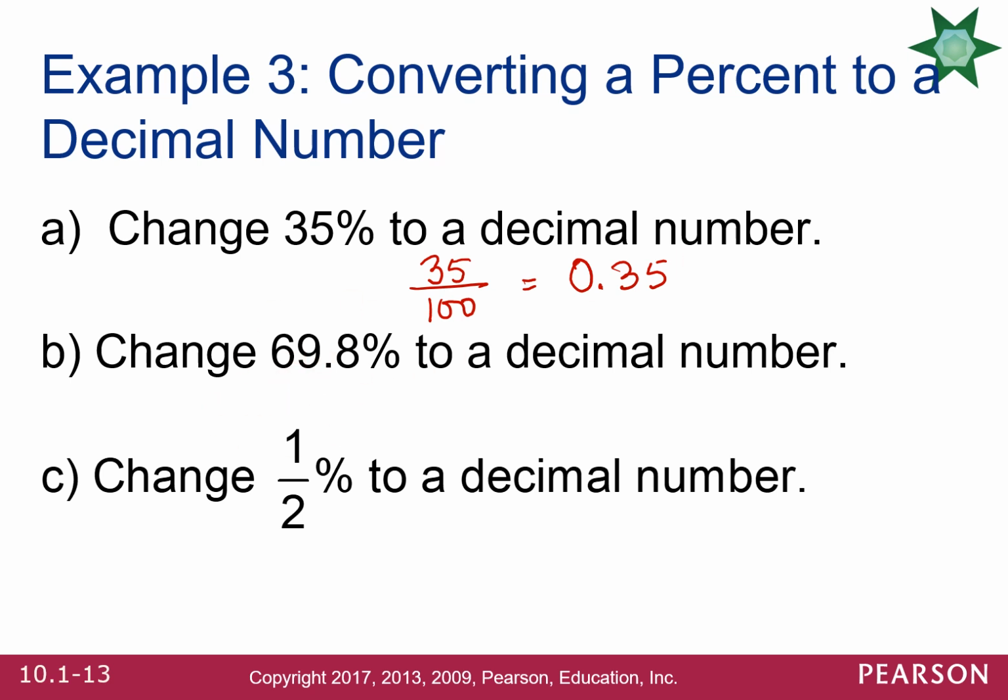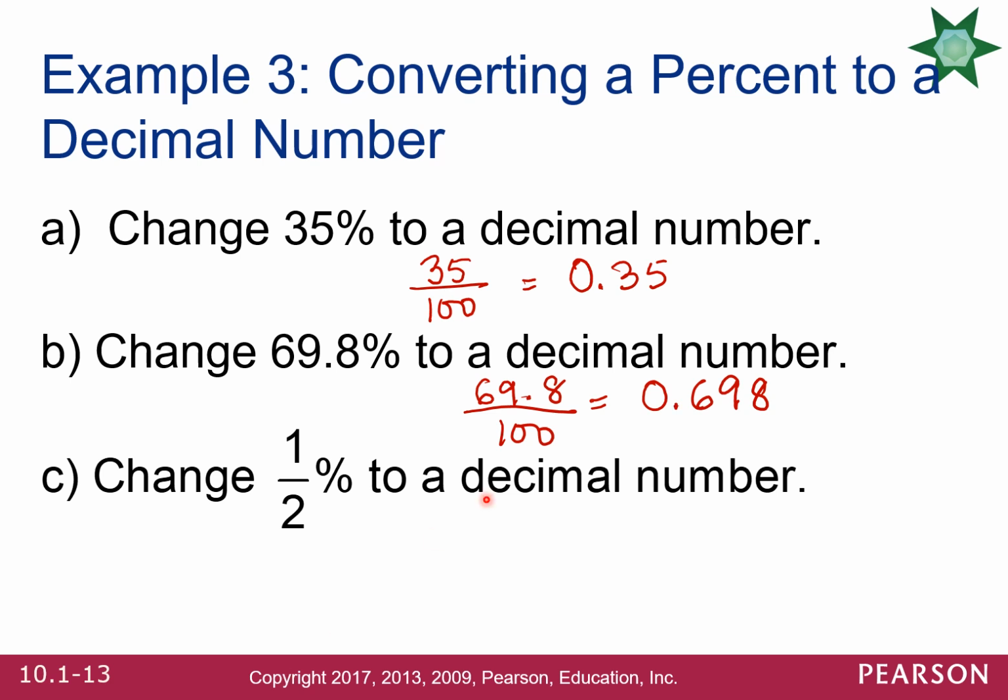The next one is 69.8. Same process. Take your 69.8 and then divide by 100, and when we do that, the decimal shifts 2 places to the left, so 0.698 is your answer.